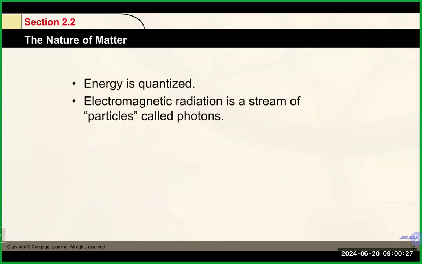Now, when we talk about electromagnetic radiation, as electrons transition, they do have to give off that energy in the form of a photon of light. A photon of light is that wave that's basically coming off. There is a theme we will see in this chapter of the dual nature of light.